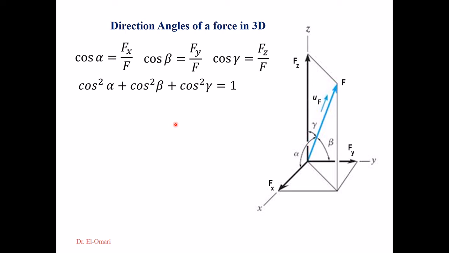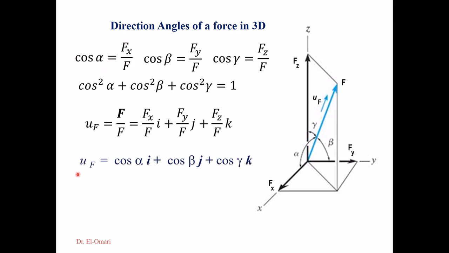The following is that we can write the unit vector as nothing more but the vector over its magnitude, as we discussed in the previous session. Or we can write the force vector over its magnitude in the ijk form. You notice here that Fx over F is nothing more but cosine alpha, which means that we can simply write the unit vector using the direction angles.